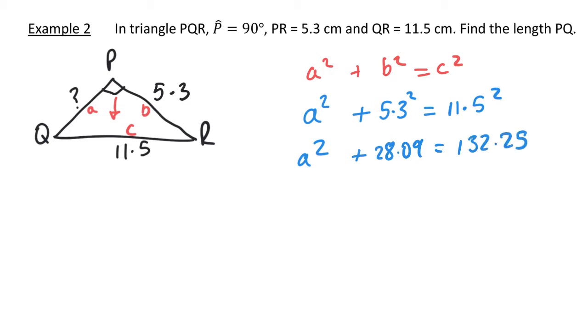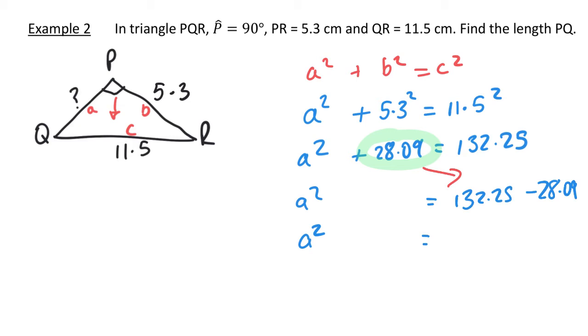What we want to do is get rid of the 28.09. So we'll move it to the other side, and to do that we'll take it away. So we get A squared equals 132.25 minus 28.09. So A squared is 104.16.